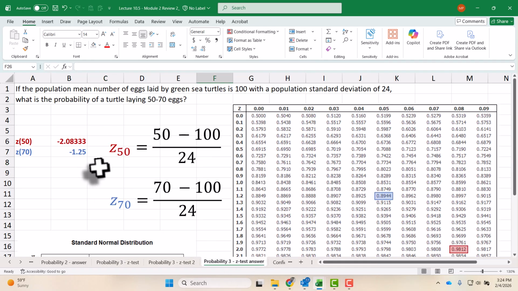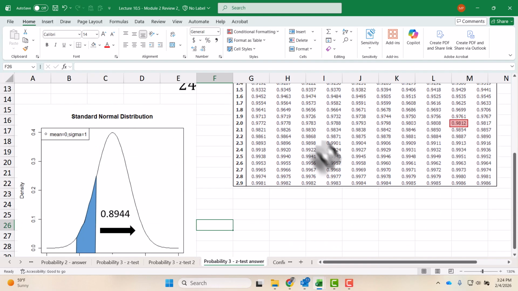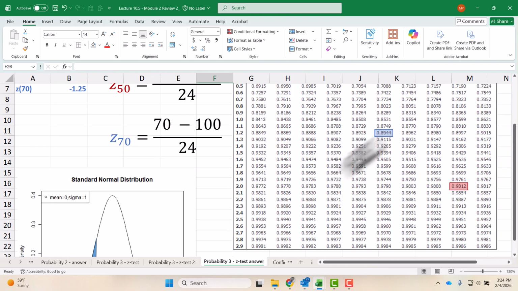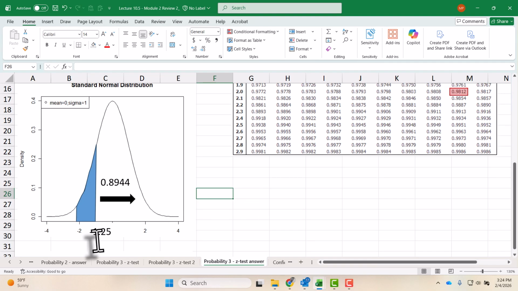So if we look at these areas under the curve, again, 0.8944 corresponding to a z-score of 70, 0.9812 corresponding to a z-score of 2.08, we can take that first value, 0.8944, this corresponds to negative 1.25.